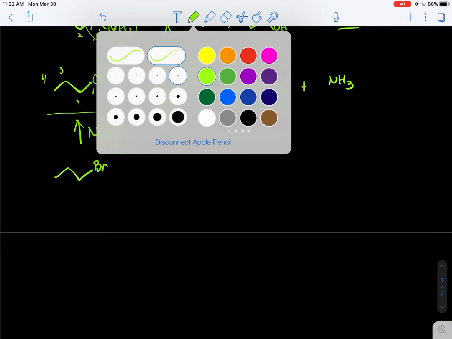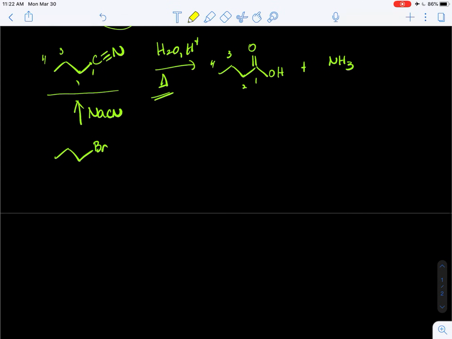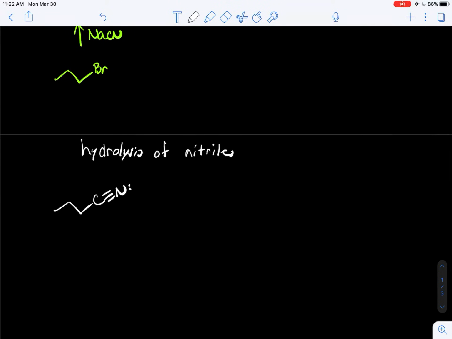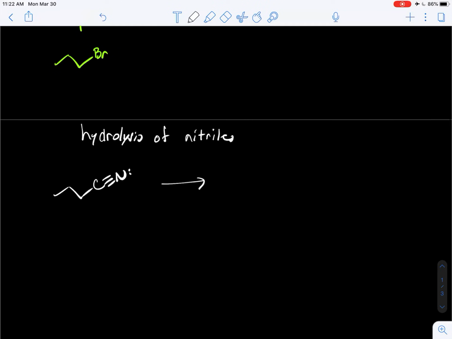The hydrolysis reaction of nitriles, let me just show you how that works. It's going to work in a very similar way to what we saw previously about the hydrolysis of amides.